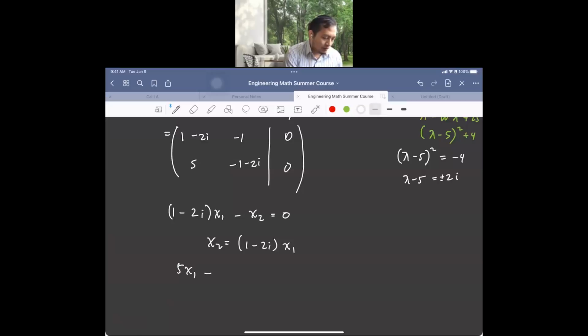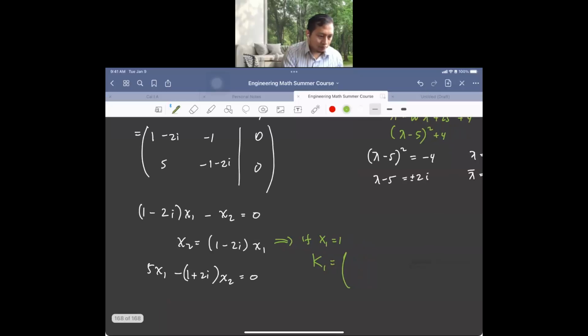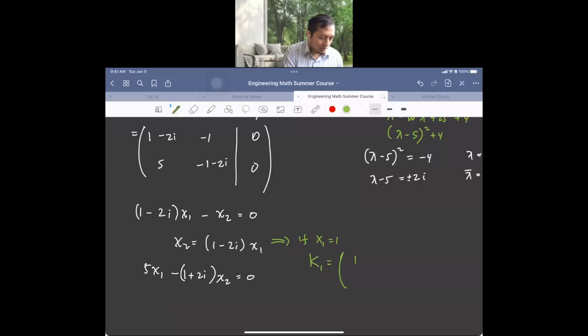And 5x1 minus 1 minus 2i times x2 is 0. So we can see from here that x2 is this. If x1 is 1, then we can set k1 as 1 and 1 minus 2i.